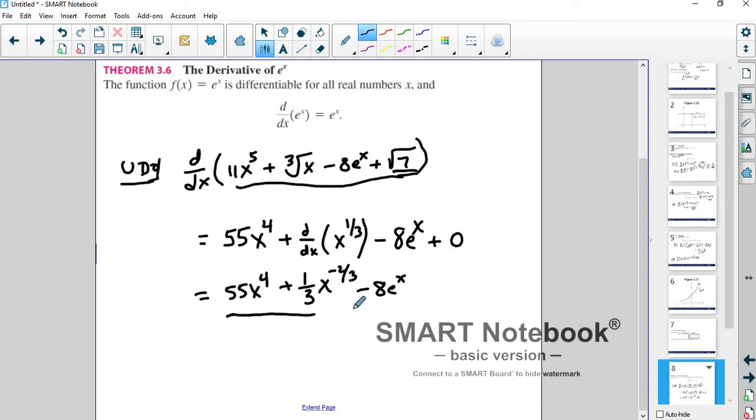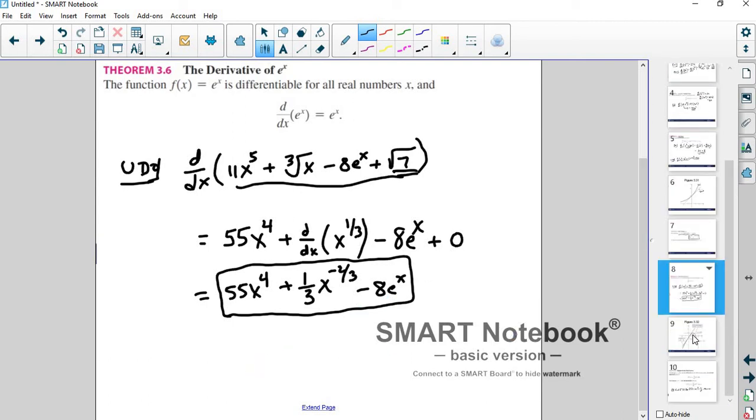And again, I'm fine with you leaving it with a negative exponent and whatever. So the derivative of this 4-term expression is this 3-term expression. That's the derivative.